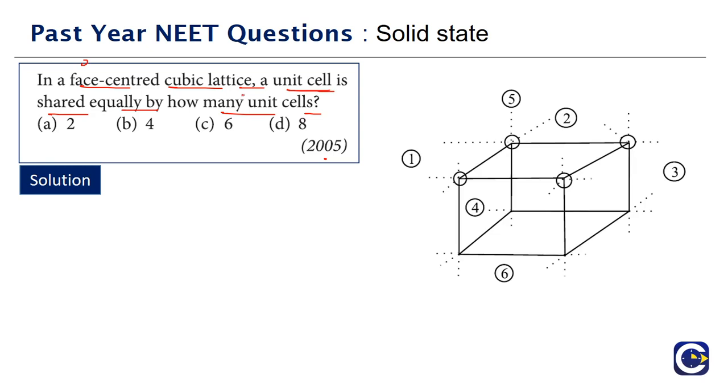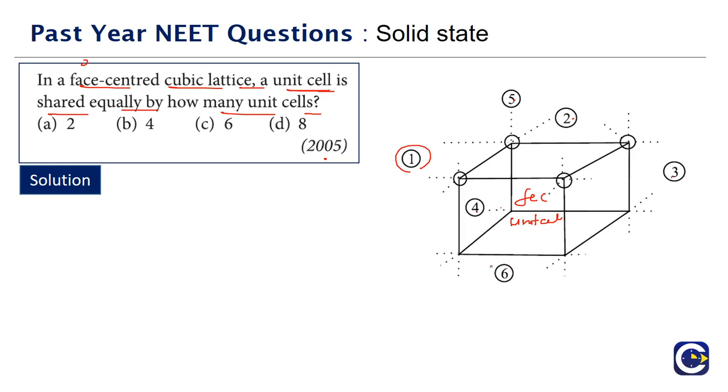So if you look at an FCC, this is how we can see the FCC. So if you focus on one FCC unit cell, I am marking each of these sides. Like side 1 we have sharing. This unit cell is shared on side 1 also. It's shared on side 2, shared on side 3, it is shared on side 4, and it is shared with the above side 5 and side 6.